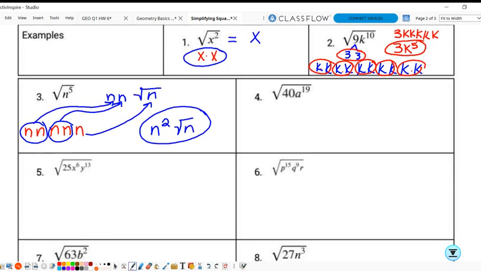Let's factor 40 like we did before. 2 and 20, 2 and 10, 2 and 5. I see that I have 1 pair of 2's, so I know that's going to be outside the radical. And inside the radical, I'm going to have my 2 and my 5.